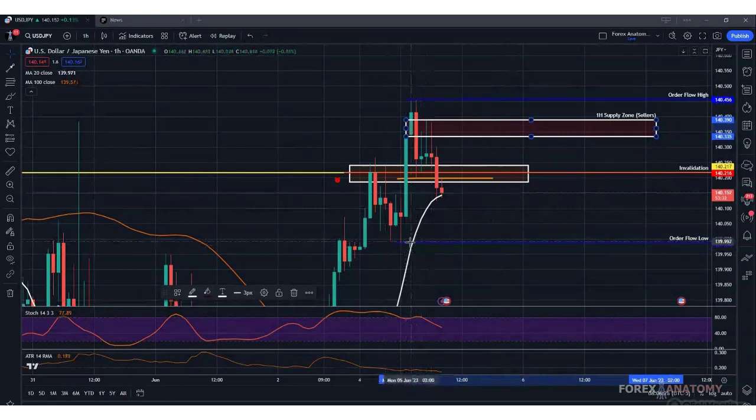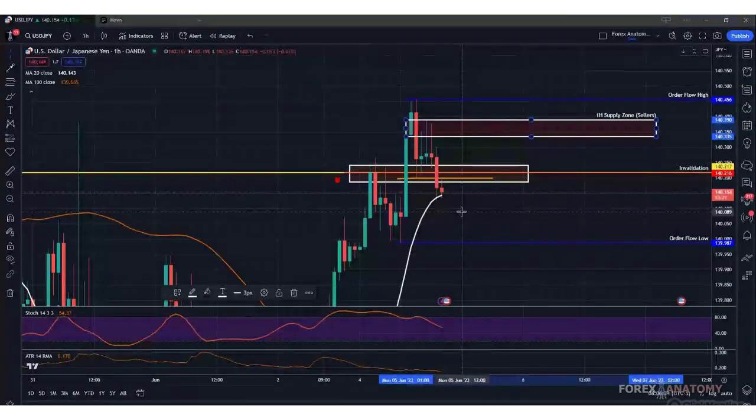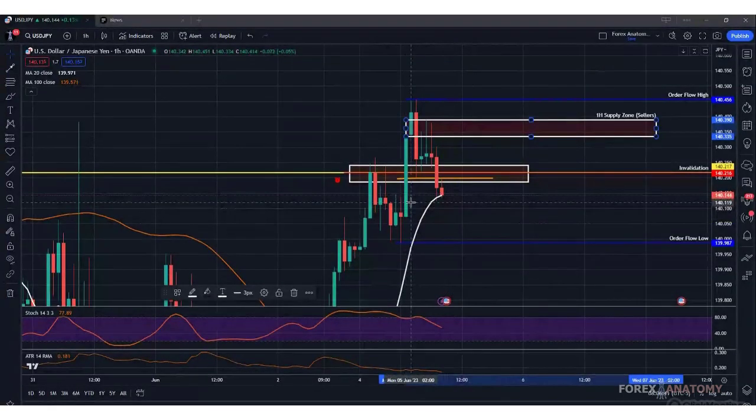This is our order flow low. Once we see a violation and break of that, then that's when we'll look for sales. As of now, we're sitting on our hands on US dollar Japanese yen, and we'll see. But I'm not going to enter any buys right now because of how price is at the moment. So yeah, this is US dollar Japanese yen.